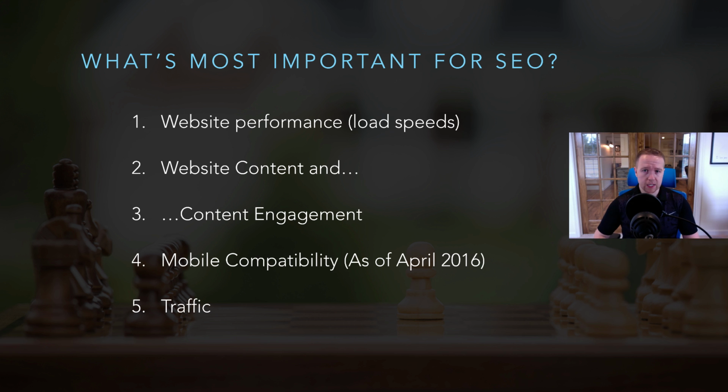And then the next thing that's important for SEO is traffic. Once you've done all the optimization and refining of your website, actually getting people to view the content and engage with the content creates a little bit of a snowball effect with regards to rankings. Because again, it goes back to what I said a short moment ago, Google recognizes when people are on your website and are engaging with the content on your website. And basically what that does is it builds up what I always call a credit rating with Google. It's the same type of thing as building up a credit rating with the credit bureaus.